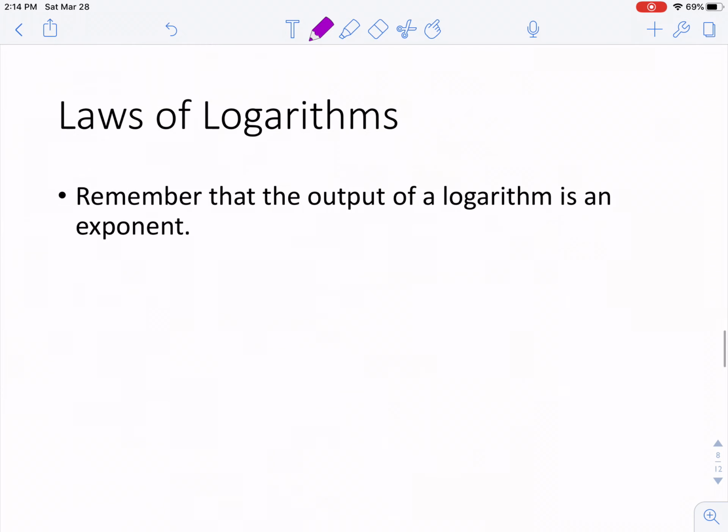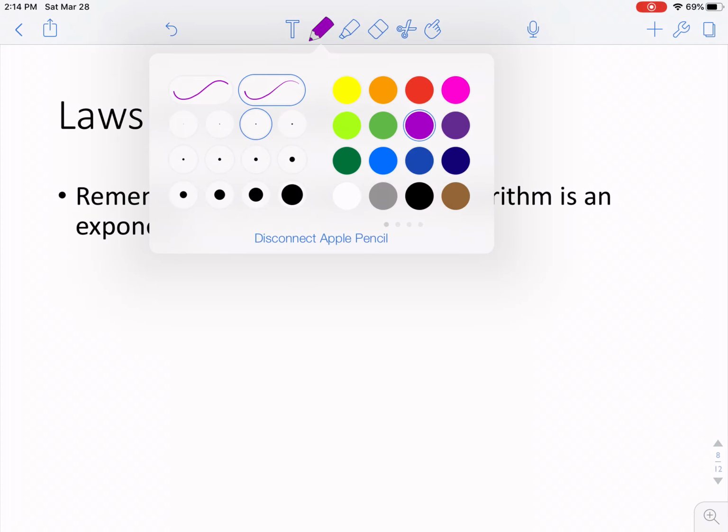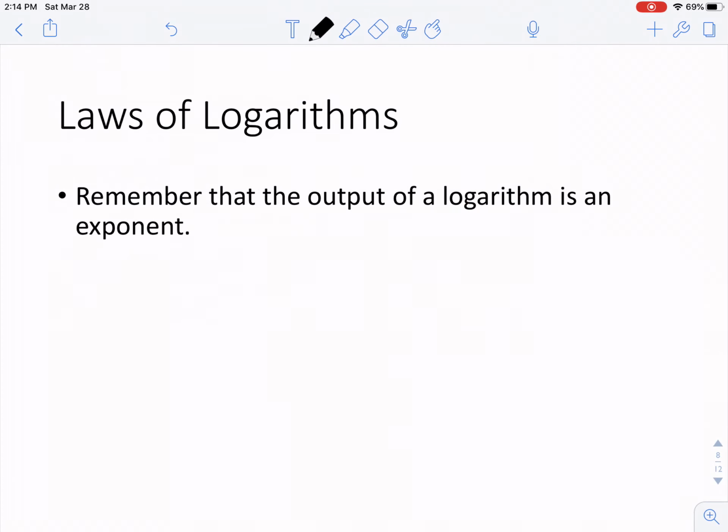All right, laws of logarithms. Remember that the output of a logarithm is an exponent, so therefore these laws of logs kind of work with exponentials in a way.